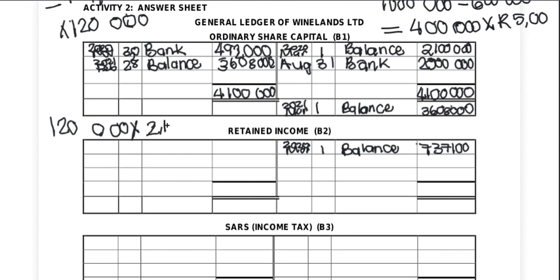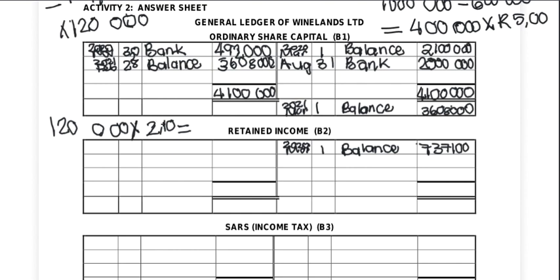2 Rand 10. The reason why we recognize the 2 Rand 10 in our retained income is like when you buy back an asset valued at 492,000, and now you're actually buying back at higher than that. It's valued at 4 Rand 10 per share, but you're buying it back at 6 Rand 20. So you see there's a loss there.